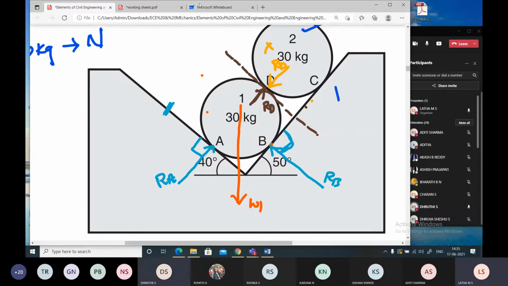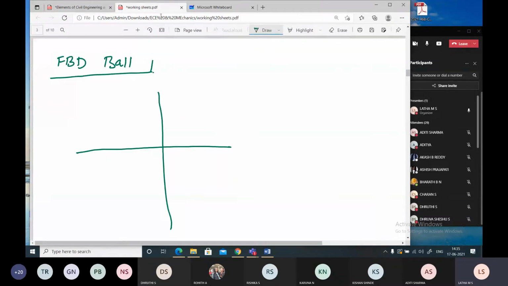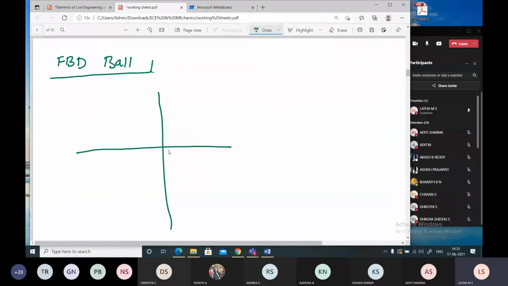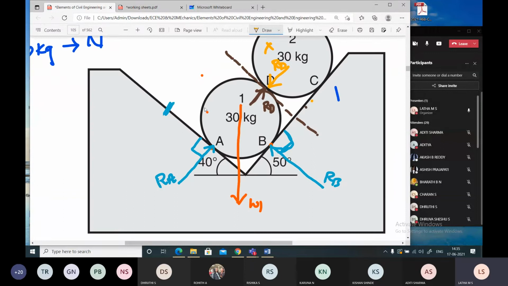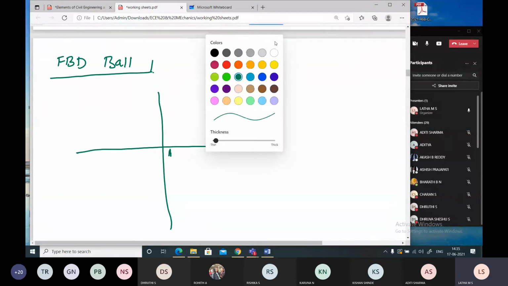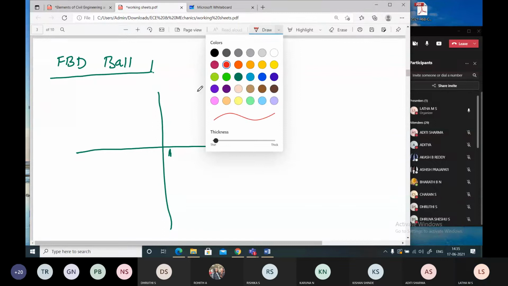Yes, ma'am. Very good. Now I'll drop the same reactions. You tell me one by one. RA will come at this point. I'll call it ball 1. Now, in which quadrant is this RA coming, students?